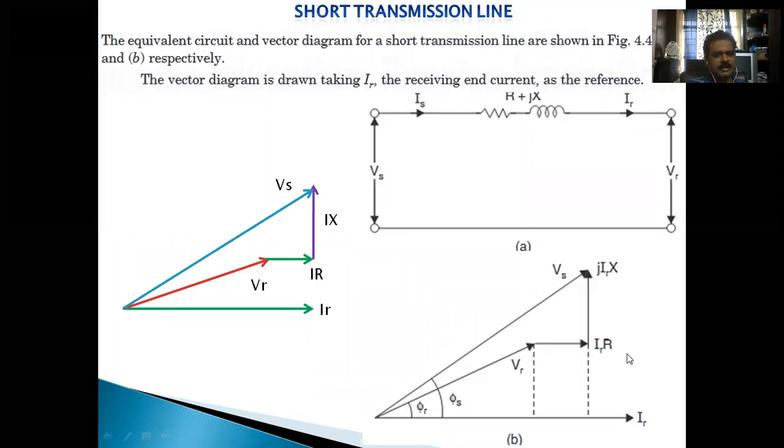Okay, is it clear? Similarly, resolve on the y-axis.